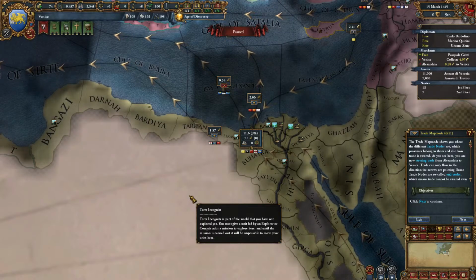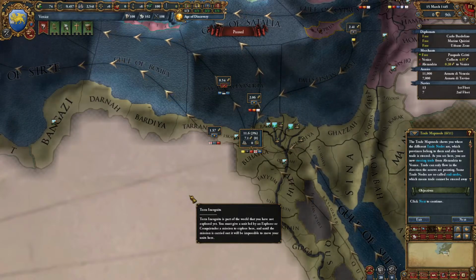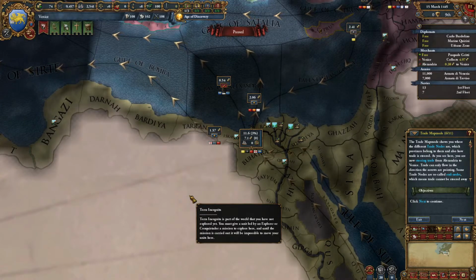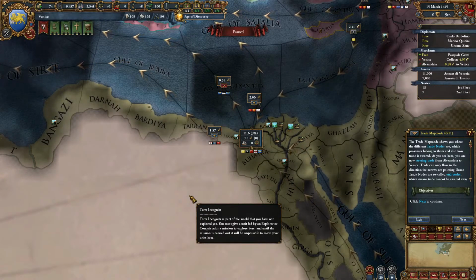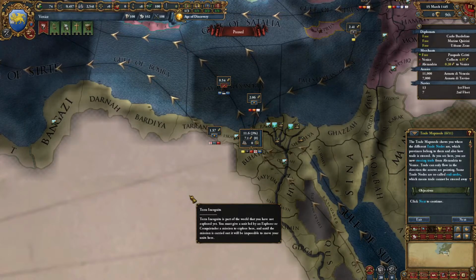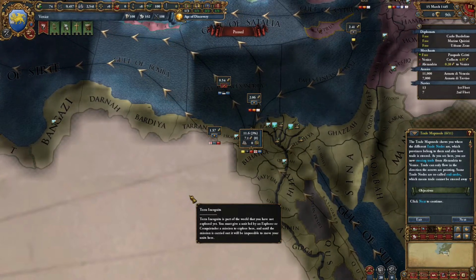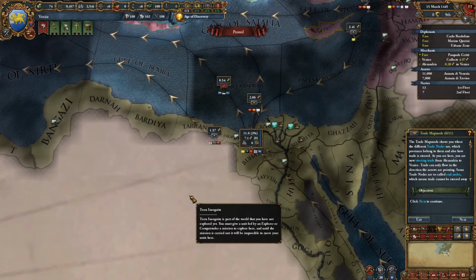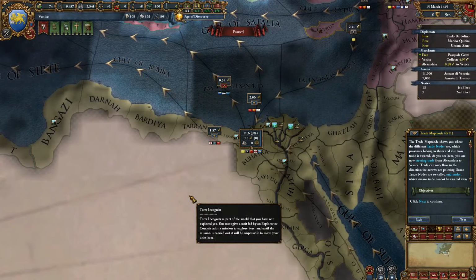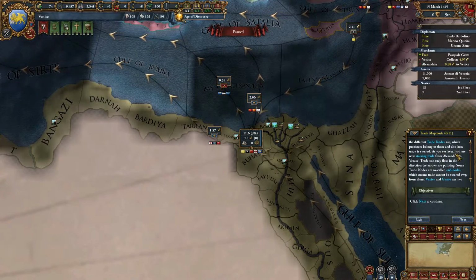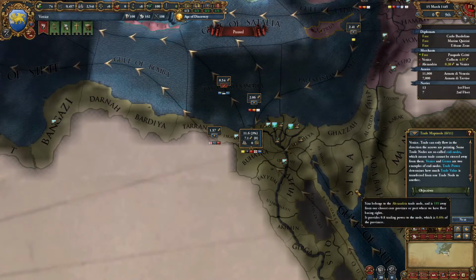The trade map shows you where the different trade nodes are, which provinces belong to them, and also how trade is steered. As you see here, you are now steering trade from Alexandria to Venice. Trade can only flow in the direction the arrows are pointing. Some trade nodes are so-called end nodes, which means the trade cannot be steered away from them.